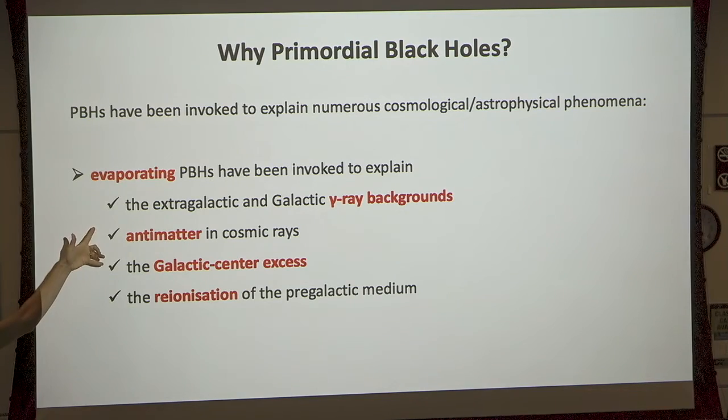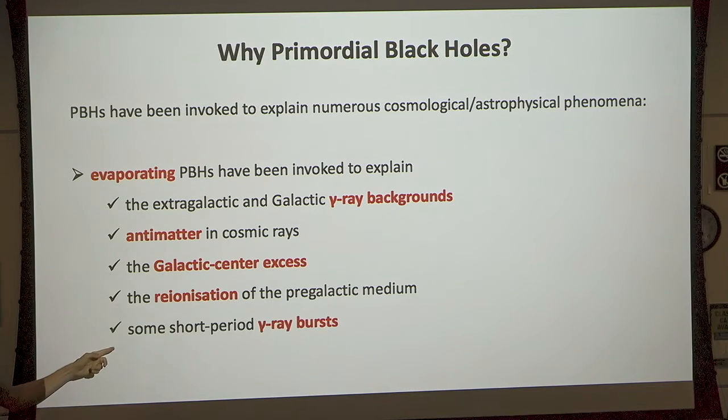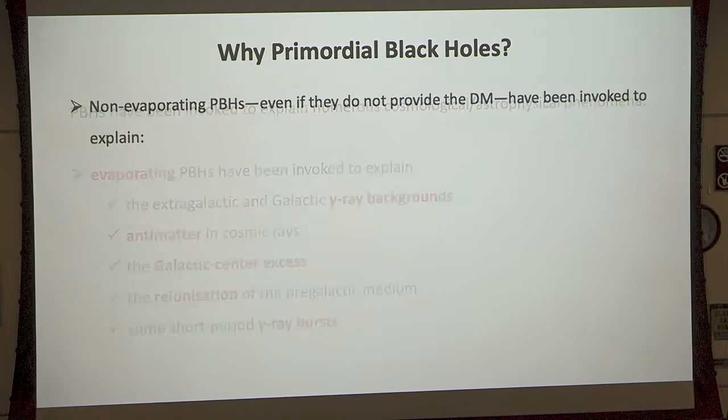So these things might originate from the evaporation of black holes. People have talked about reionizing the IGM with PBH. And as we just did, they talked about GRBs originating possibly from black hole explosions.